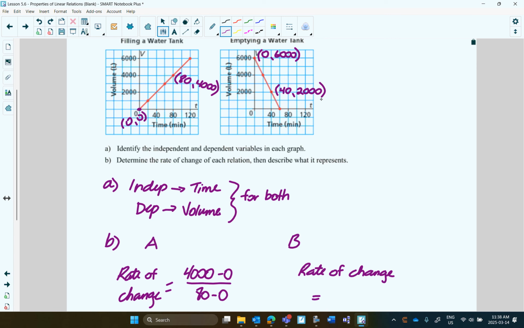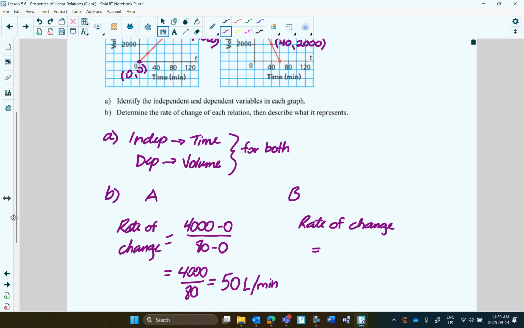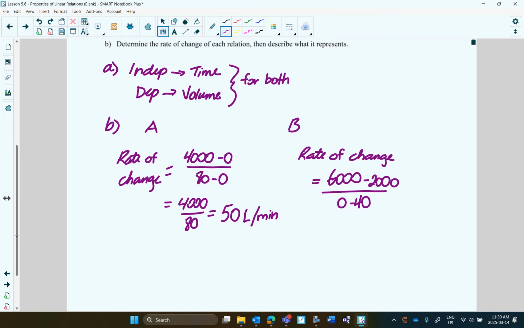So I'm going to do this minus this over this minus this. So I'm going to do 6,000 minus 2,000 over 0 minus 40, which gives me 4,000 over negative 40, which works out to negative 100, and it's the same units, right? Liters per minute.